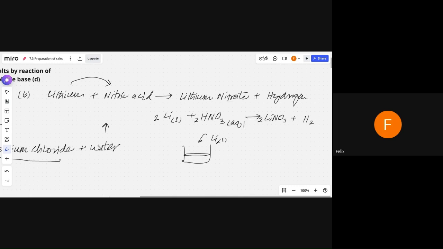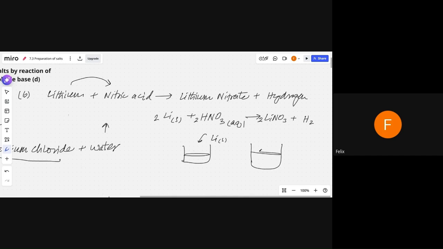And how will we know that? When we put in more lithium and it stops reacting, right? It will just be floating on the surface of the water and will not be reacting anymore, because all of the acid, by that point, will have reacted. So this is very important. Now let's see what we have in the solution in this beaker after the reaction.